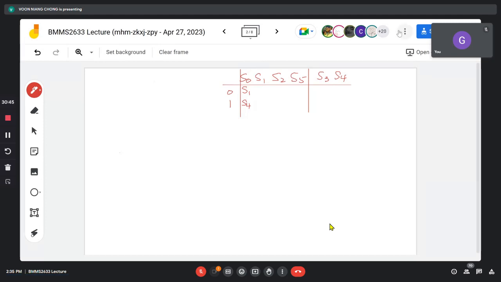On 0, S1 goes to S4. S1 we have S2 and S4.